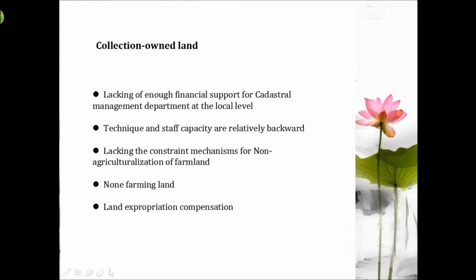It is really a serious waste of resources. However, along with the urbanization process, many rural-owned lands, the collection-owned land, are expropriated by the government. However, the land expropriation compensation standards are uncertain and not accepted by the original rural users.